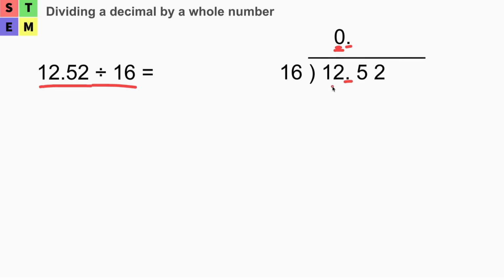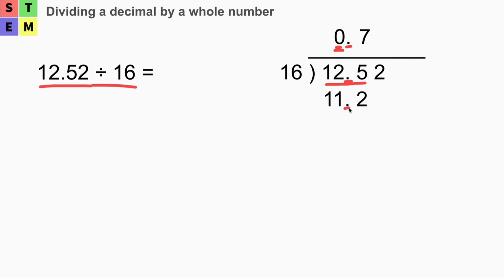Now this time we have 125. Again, let's ignore the decimal there. So how many 16s are there in 125? We have 7. Once we calculate 16 times 7, we have 112, right?